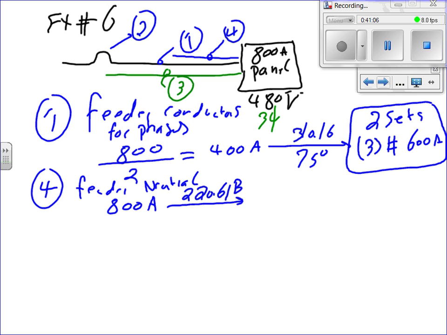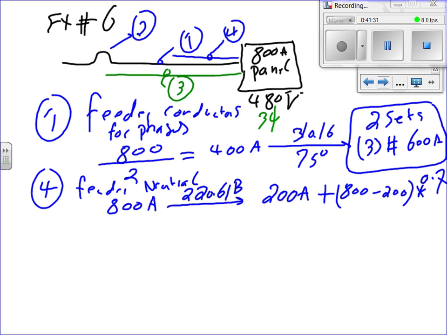If you go to 220.61(B), it tells you anything higher than 200 amp, chop it by 70%. Okay, Chad, here's 200 amp plus anything higher than 200. What's higher than 200 amp? Meaning 800 amp minus 200. Cut this one by 0.7.